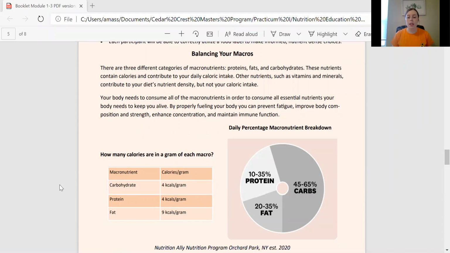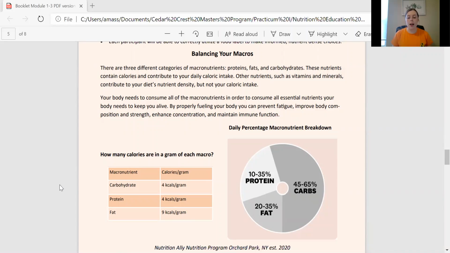The daily percentage macronutrient breakdown graph highlights how many daily calories should come from each macronutrient. Carbohydrates, which again is your body's number one source of fuel, should be the most, at 45 to 65% of your daily caloric intake.